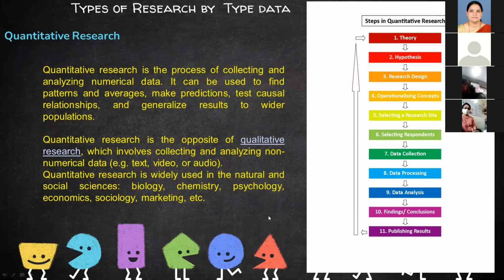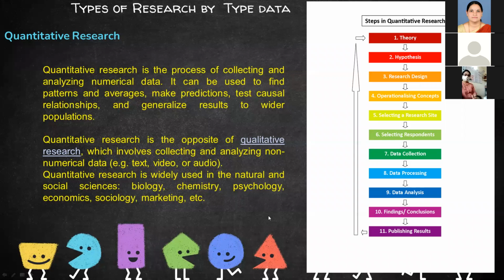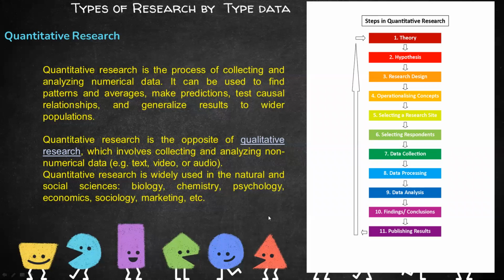For example, if you want to do a quantitative study of census data, you have to take the census reports, so that is also possible. Secondary analysis can also be done in quantitative research. And quantitative research uses quantitative techniques, like averages we can calculate. We can take the help of statistical techniques or statistical parameters, like average, percentage, mean, mode, and median, which we are going to see in our syllabus.